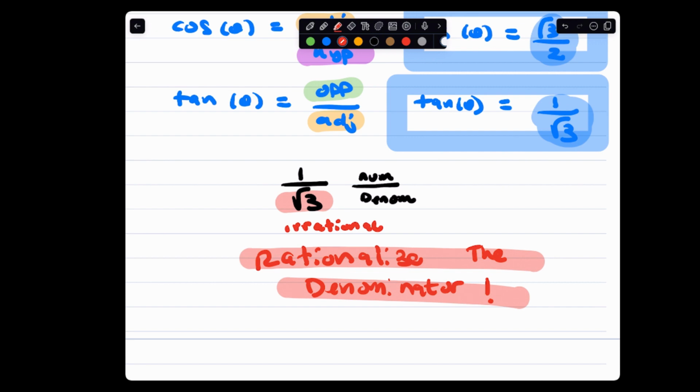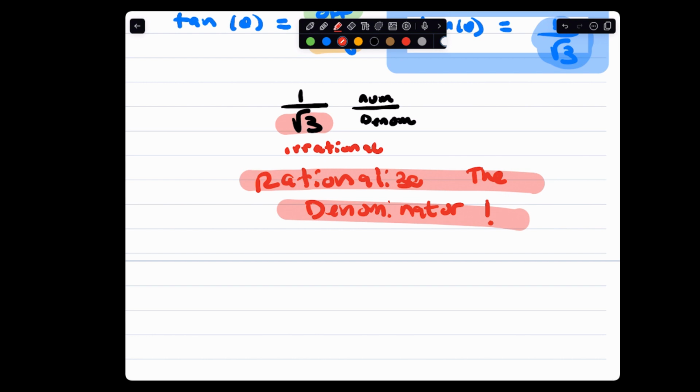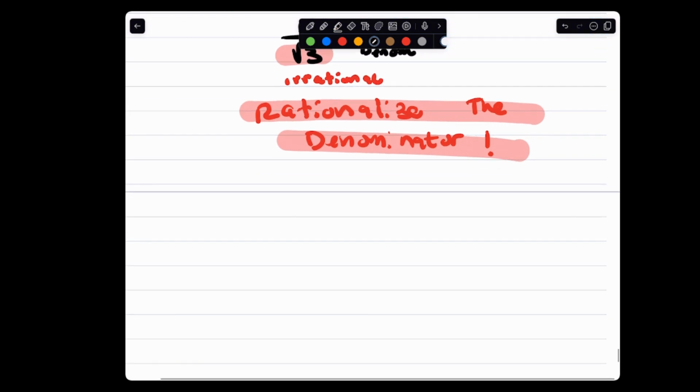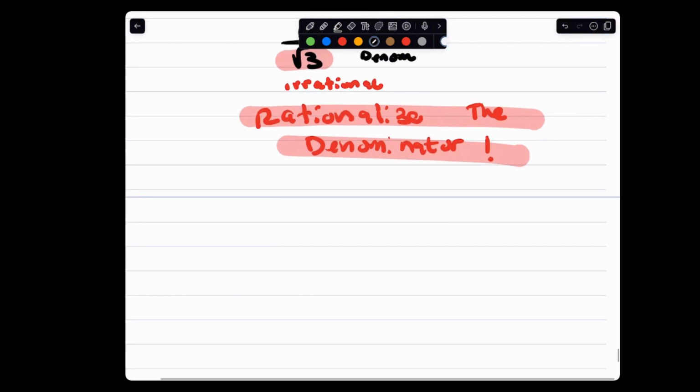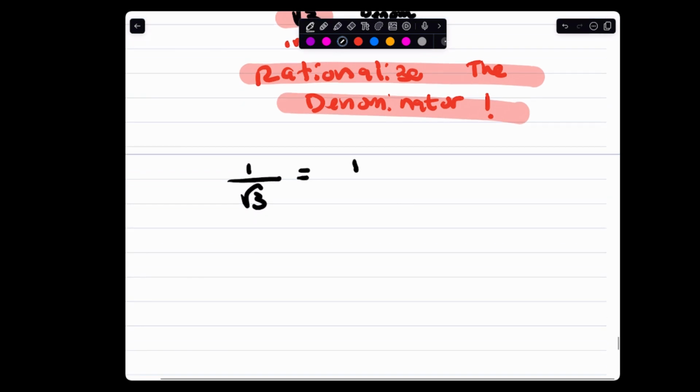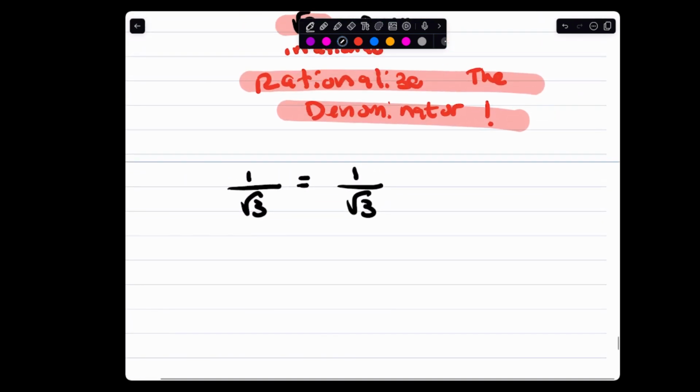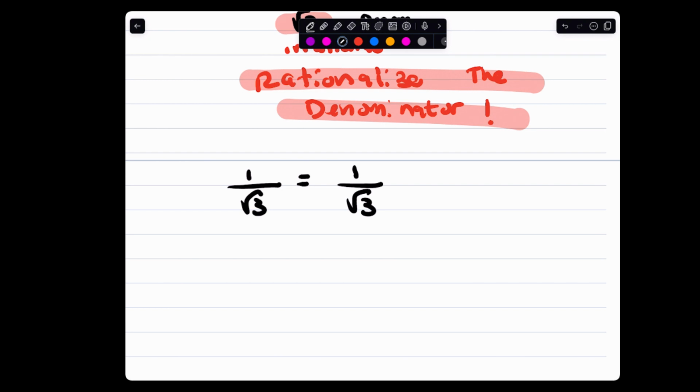So I'm going to go through that topic just really quick to show you. And you might say, what does rationalizing mean? Turn the denominator into a fraction. So here's what we're going to use to do that. Ladies and gentlemen, this is the process. It's a very simple process. But I want you guys to understand the logic here. If I said to you guys, hey, is any fraction equal to itself? What would you say?